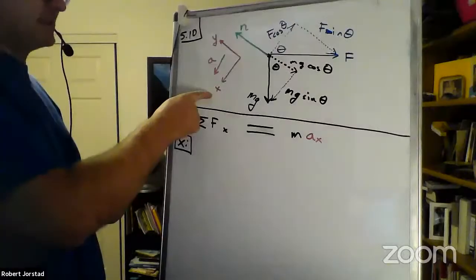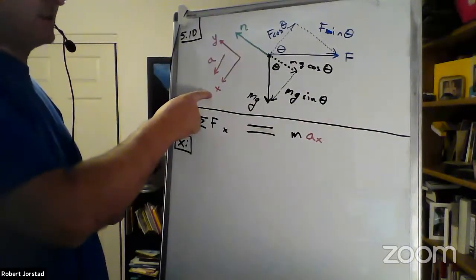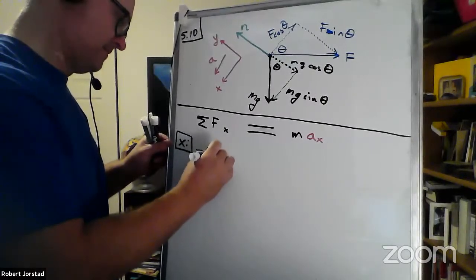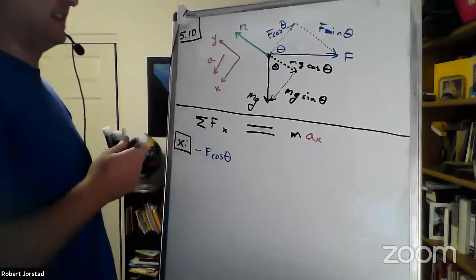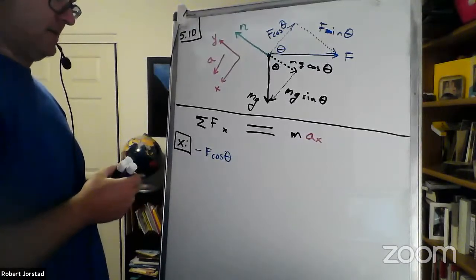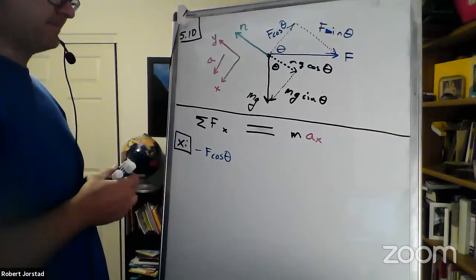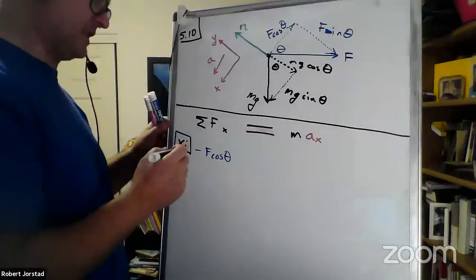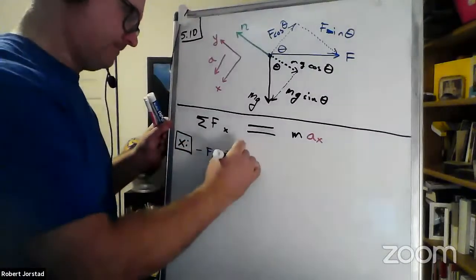Okay, according to this x direction, is that going to be a positive f cos or a negative f cos? Negative. Negative f cos, I agree. Somebody else, give me another force in the x direction. mg sine theta. Mg sine, positive or negative according to this? Positive. Excellent.